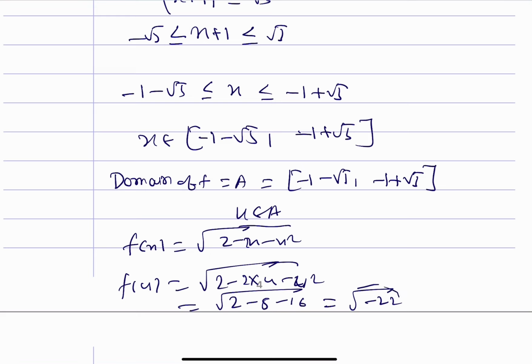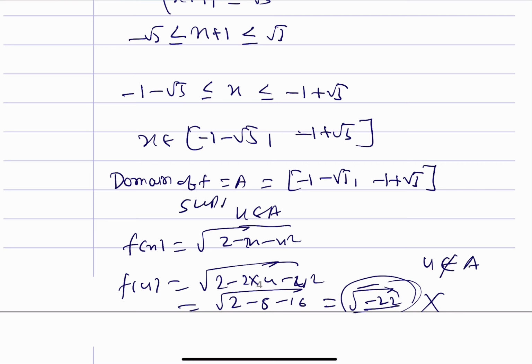It is not going to be defined since it is not a real number, therefore 4 cannot be a member of the domain, so 4 does not belong to A.